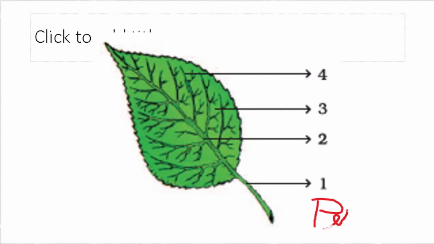You can all do this in your notebook. This is the petiole. Yes. Now the second part. You can see the middle part is going on. So this is the midrib. Yes.